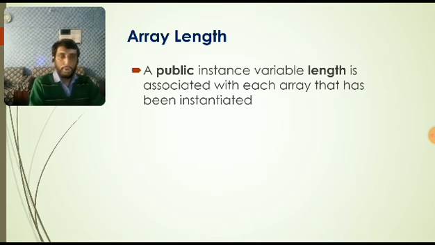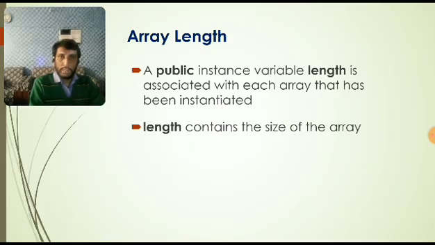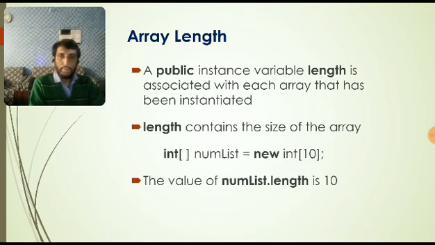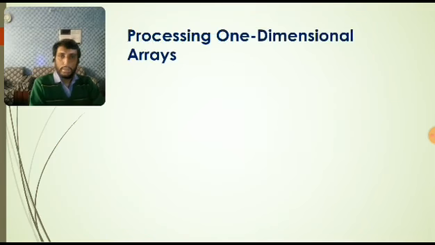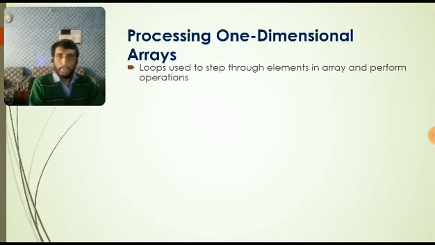Array length: if you want to count the length of the array, then length is associated with each array that has been instantiated. Length contains the size of the array. So here see the size 10, and the value of name list is 10. Processing a one-dimensional array: loops are used to step through elements in an array and perform operations.